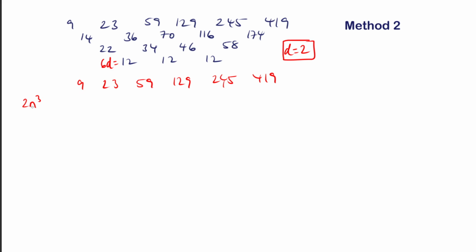So 2n cubed, well, 1 cubed is 1, so that's 2. 2 cubed is 8, so that's 16. 3 cubed is 27, so that's 54. 4 cubed is 64 times 2, 128. 5 cubed is 125, so that's 250. And 6 cubed is 216 times 2 is 432.